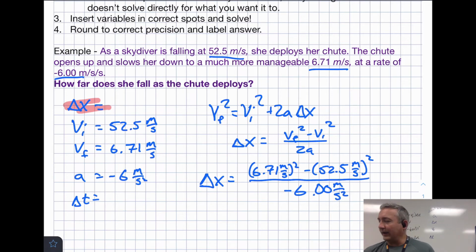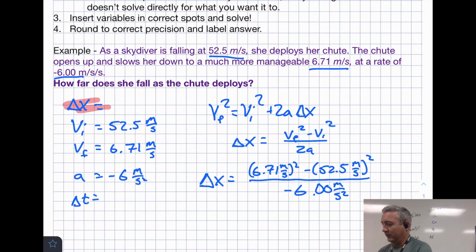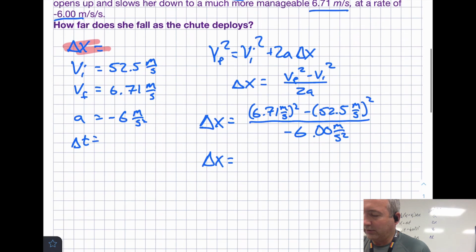So now when I pull out my calculator, 6.71 squared minus 52.5 squared, I get delta x equals -2711 meters squared per second squared over -6 meters per second squared.